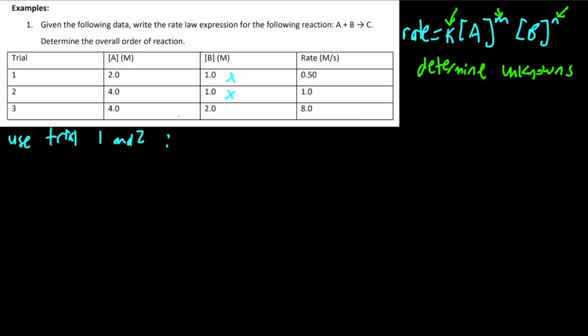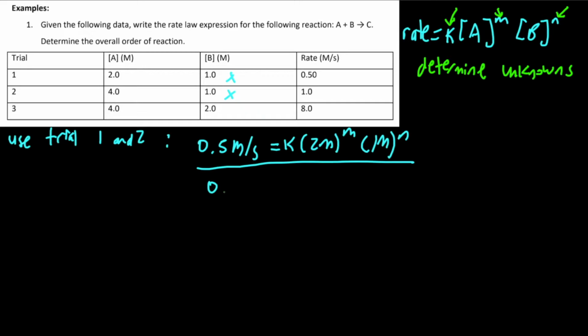By doing so, following our equation, so this is trial 1, 0.5 molar per second equals K, 2 molar to the exponent m, 1 molar to the exponent n, divided by 1 molar per second equals K, 4 molar to the m, 1 molar to the n.